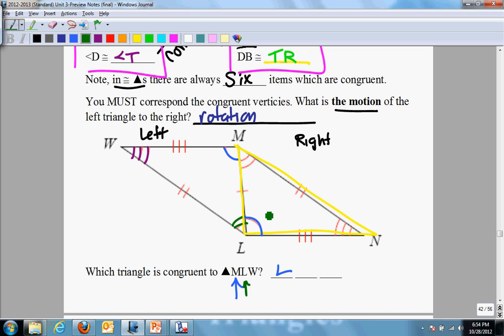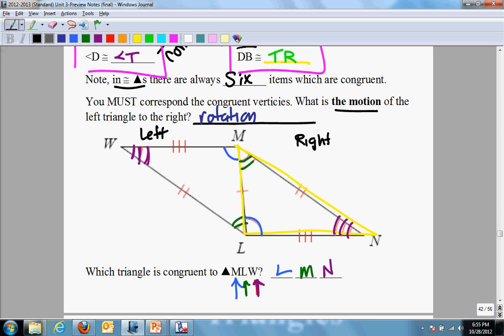I have to look for the double sweep on the right. The double sweep on the right is vertex M. And then W is the triple sweep, 1, 2, 3, and its corresponding vertex on the right-hand side is N. So you have to align your vertices, single to single, double to double, triple to triple sweeps.